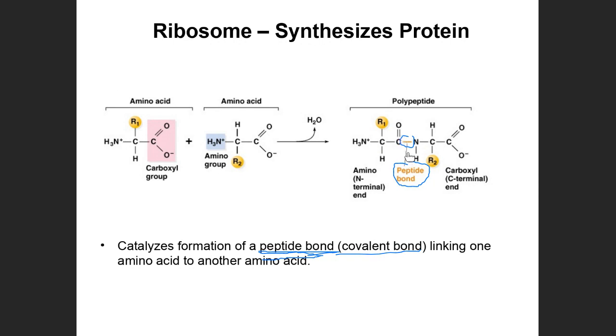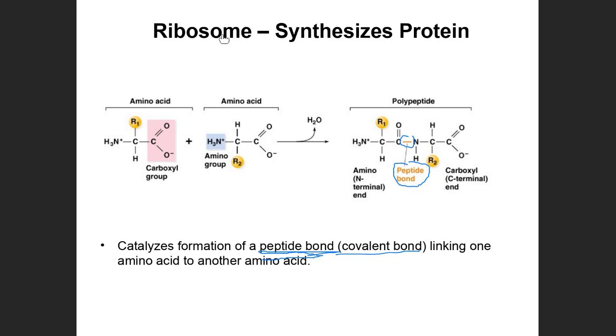So please listen carefully. The only covalent bond given this special name, peptide bond, is the covalent bond attaching one amino acid to another amino acid. So it's just this one that's highlighted in gold. That's the only covalent bond called a peptide bond, okay?